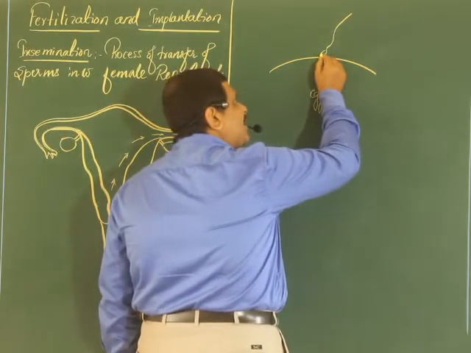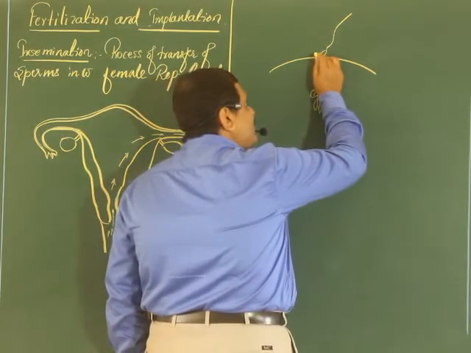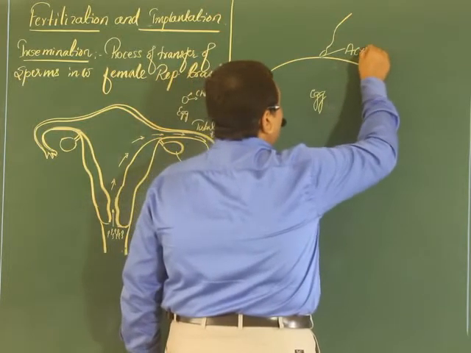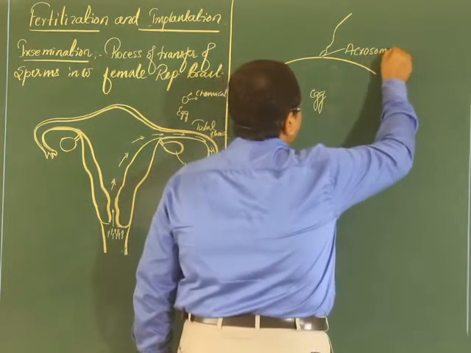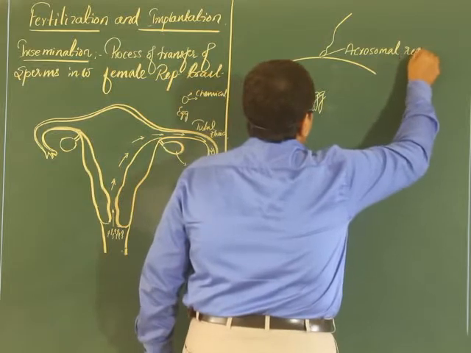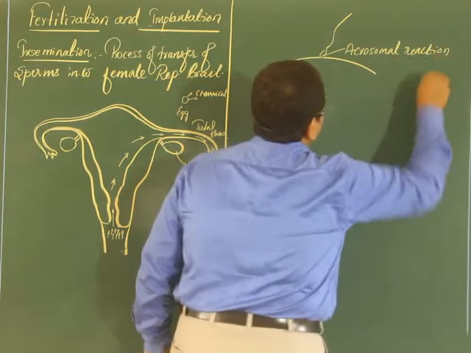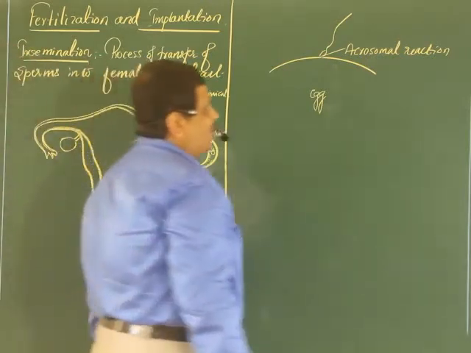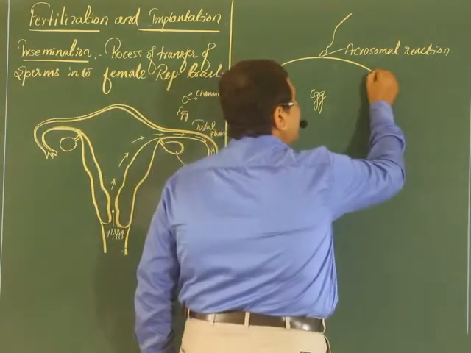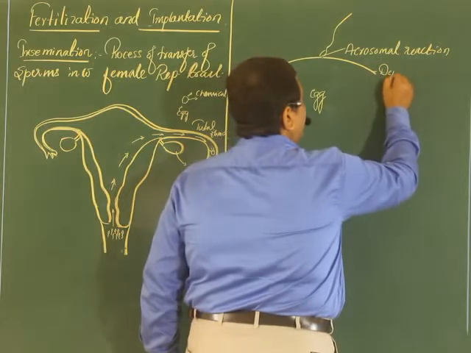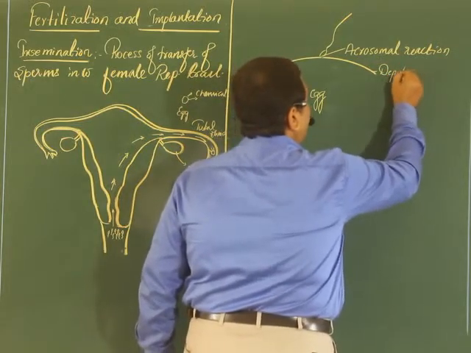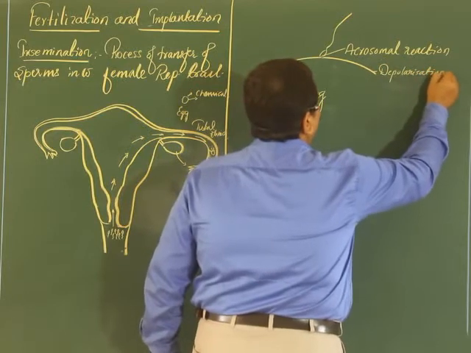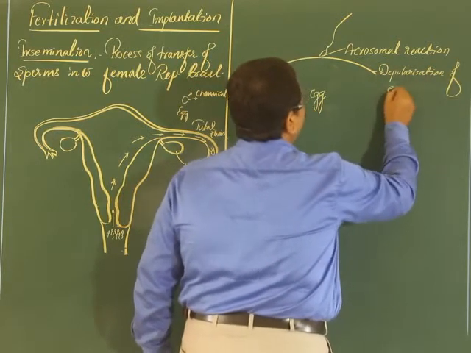Immediately when the sperm touches the egg surface, the rupturing of the acrosomal portion, the acrosomal reaction, takes place. Due to this acrosomal reaction, depolarization of the egg membrane takes place.